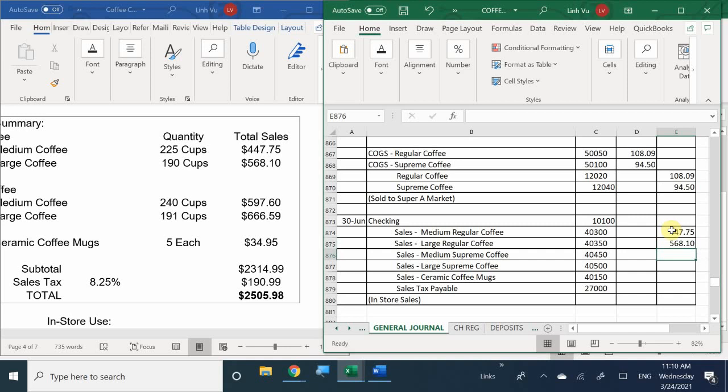The medium supreme coffee, 597.60. And then the large supreme, 666.59. And then the ceramic coffee mugs, 34.95. And lastly, sales tax, 190.99.